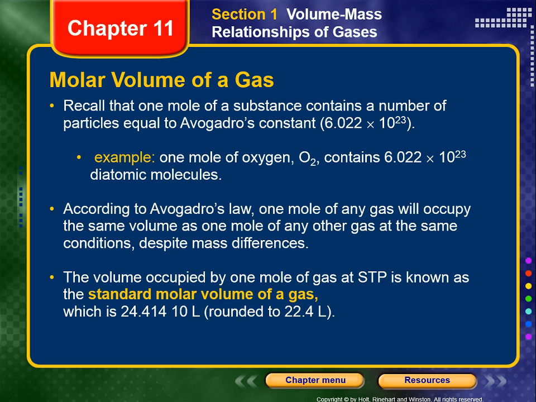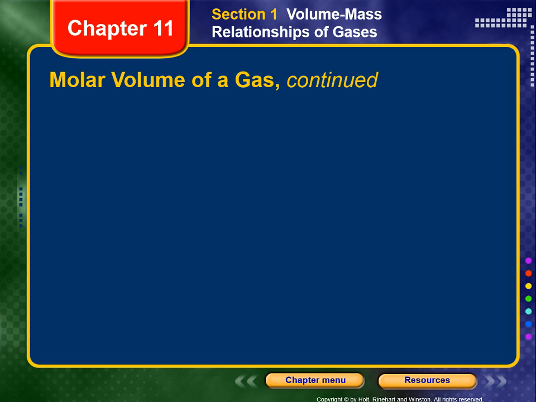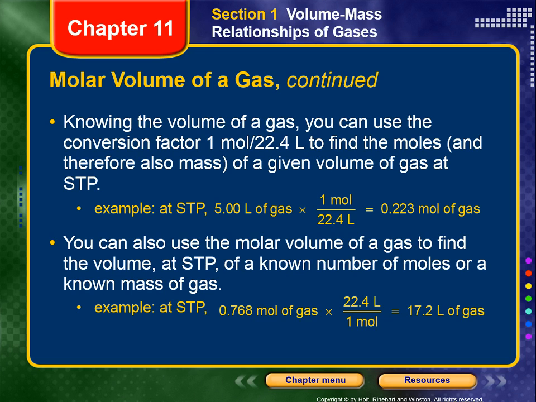So the volume occupied by 1 mole of gas at STP, remember standard temperature and pressure, that's 0 degrees Celsius and 1 atmosphere of pressure, is known as the standard molar volume of a gas, which is 22.41410 liters. But in this class, we're going to round that down to 22.4 just because it's a little bit more convenient. So at standard temperature and pressure, 1 mole of any gas is going to take up 22.4 liters.